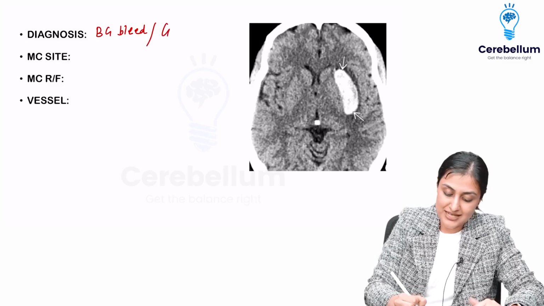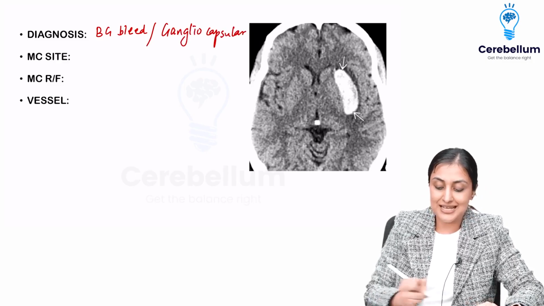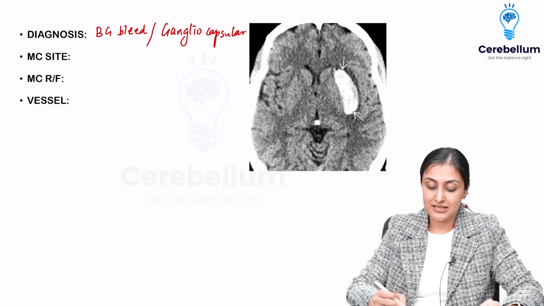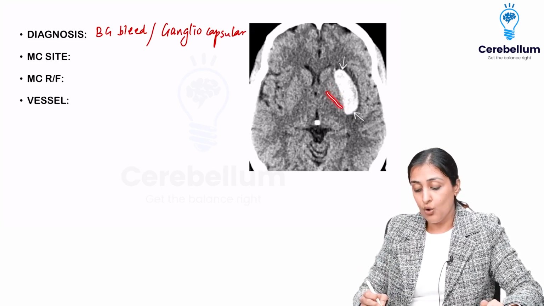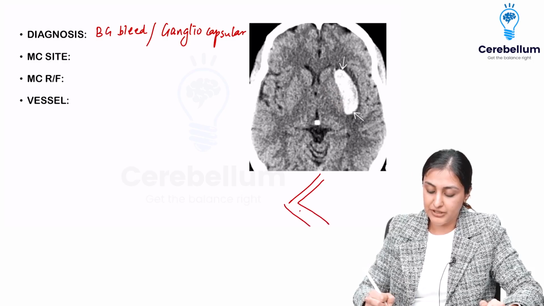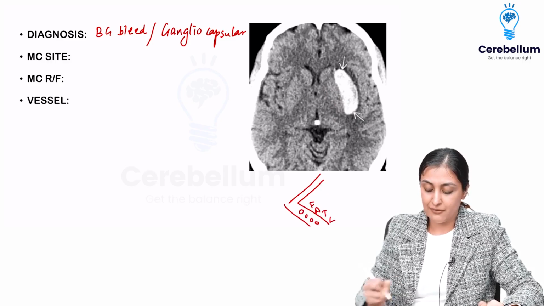Some people call it a gangliocapsular bleed, because from the basal ganglia it extends into the internal capsule, and the moment the internal capsule is involved, particularly the posterior limb, you know all of the corticospinal tracts are arranged in the posterior limb of the internal capsule. You have the entire body. We have learnt it in BTR, fatal.